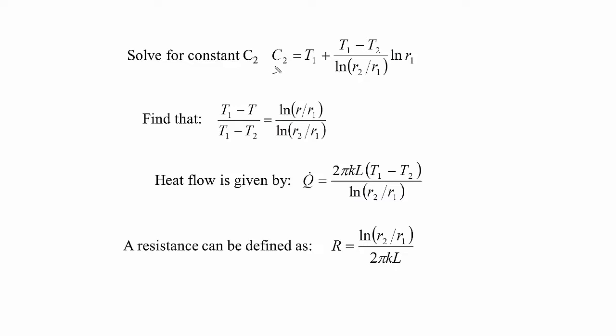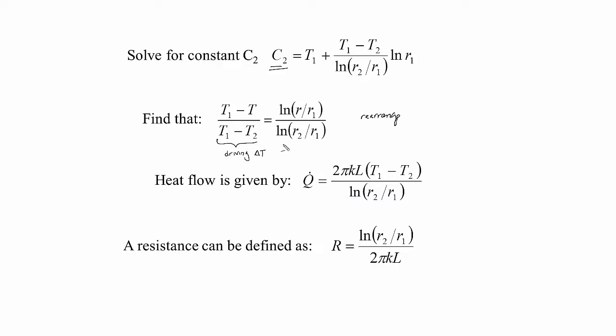So we solve for this constant C2, and we can rearrange this relationship, because all we're doing is substituting our T1 plus this other stuff into our formal equation for T, and we arrive at a relationship of delta T over the driving temperature difference in the whole problem in terms of this log ratio.